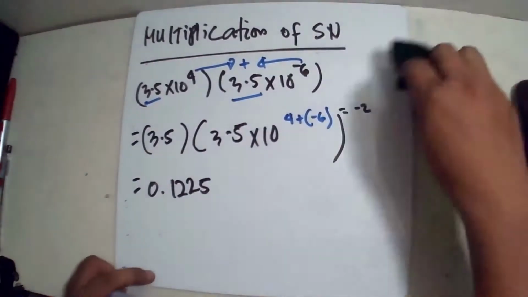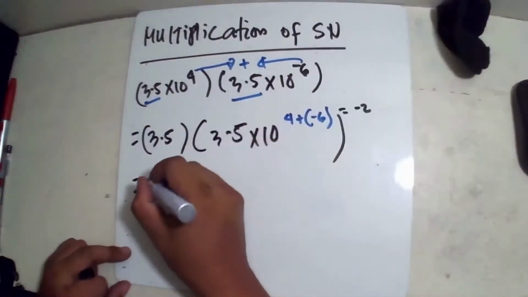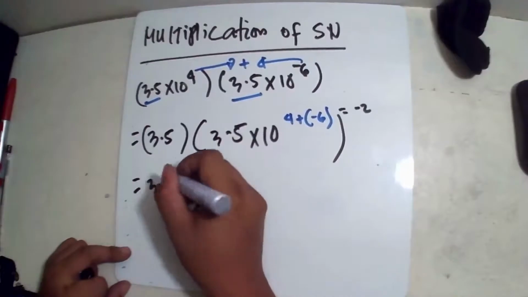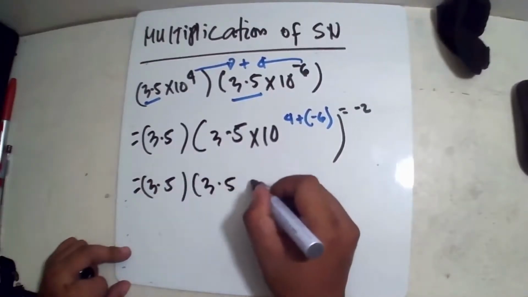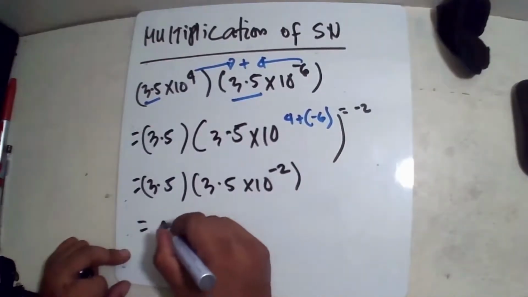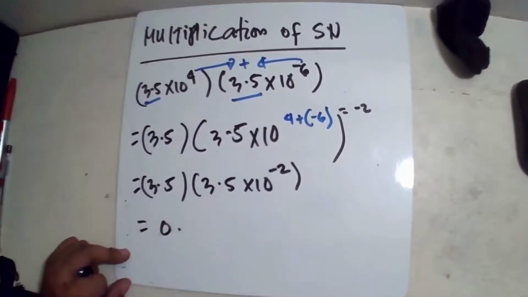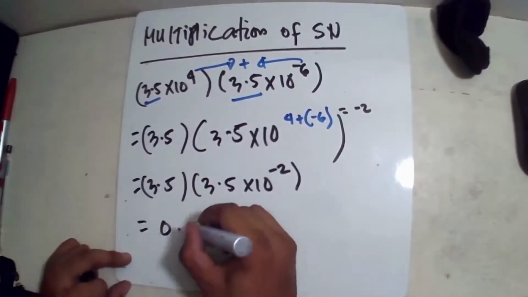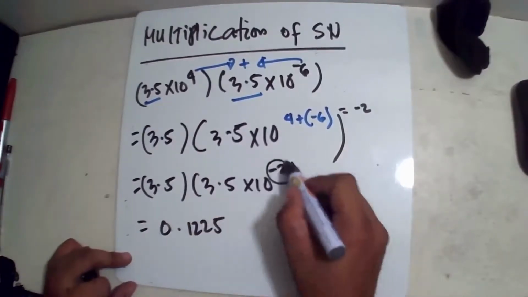Or we can write it step by step: 3.5 times 3.5 times 10 raised to negative 2. The answer for 3.5 times 3.5 is 12.25, and the exponent is negative 2.